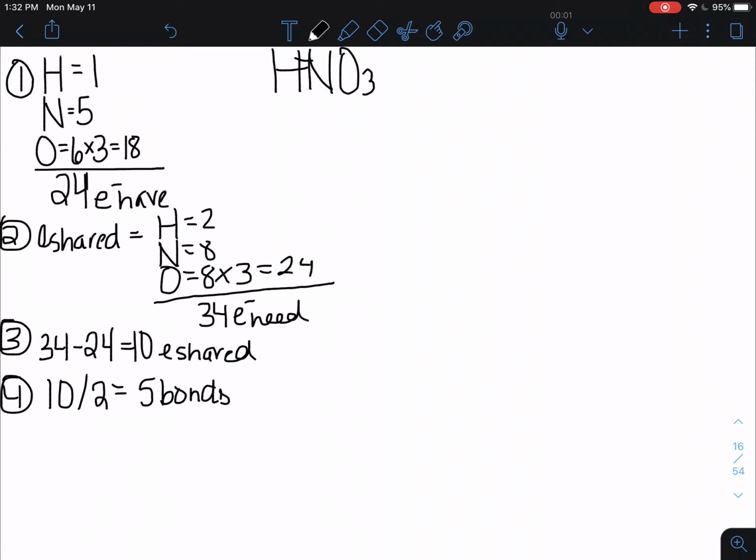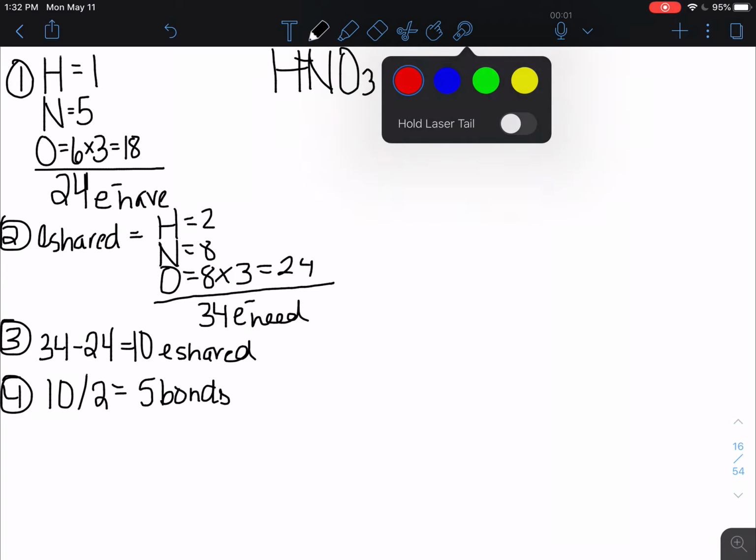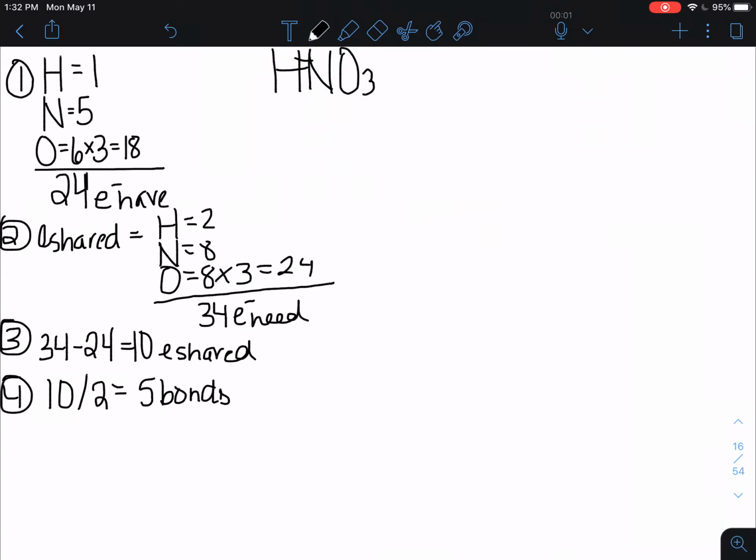Okay, so now we're going to look at this and place our central atom. Again, hydrogen's never the central atom. So our choice is one of the oxygens or the one nitrogen? It's the nitrogen for 2 reasons.